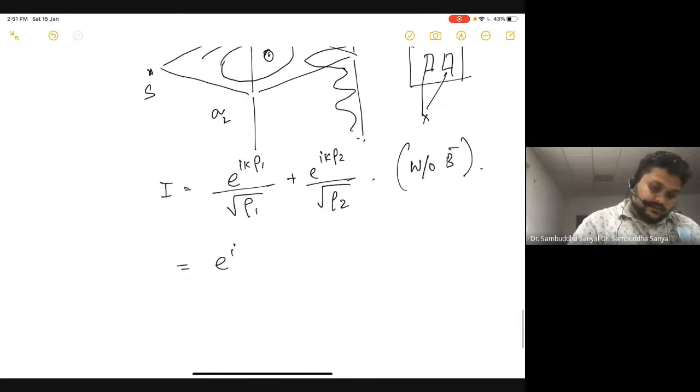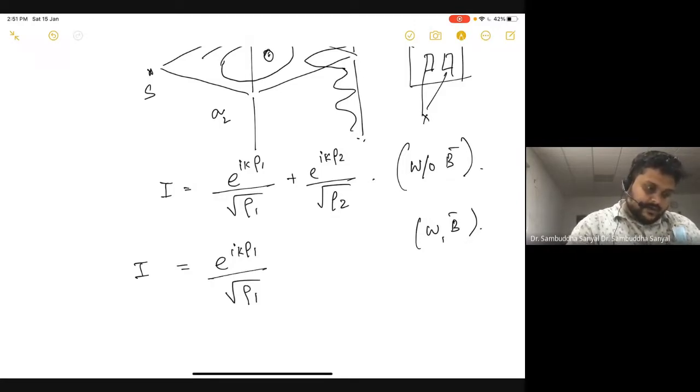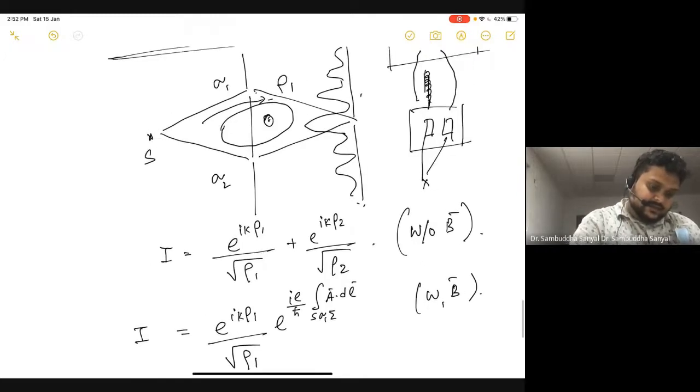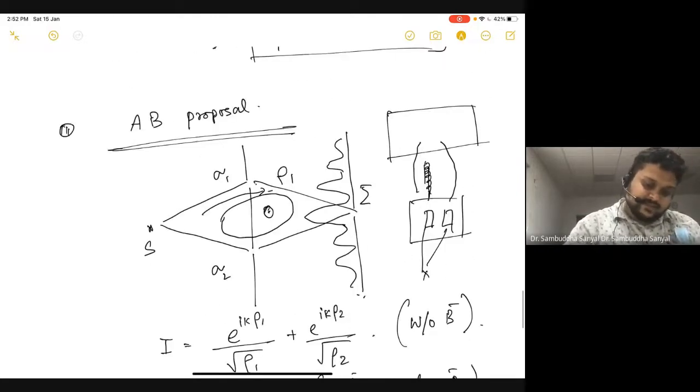Now with the magnetic field, what happens? I will get e to the power ik rho 1 by root rho 1, times e to the power i e by h bar, integral of A dot dl from S through sigma 1 to sigma. So this is my S, this is sigma 1, this is sigma 2, and this screen is capital sigma.